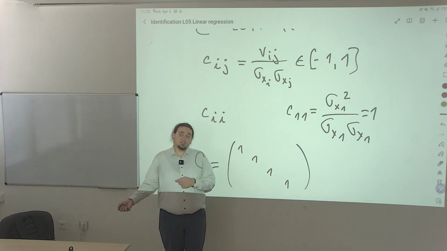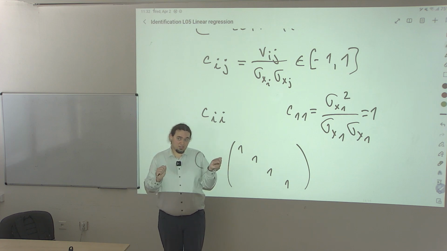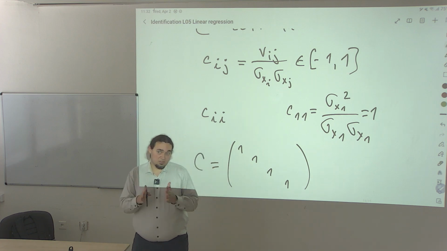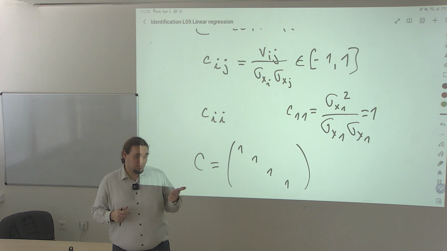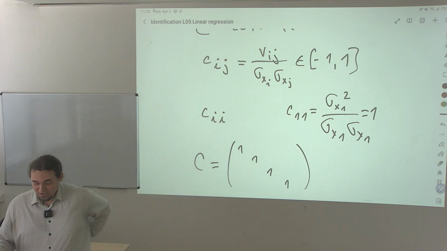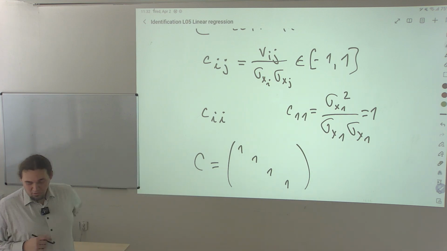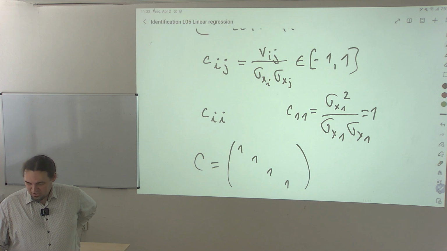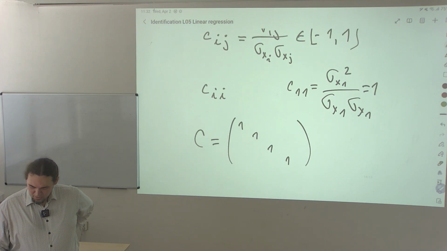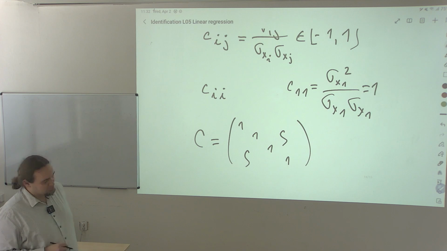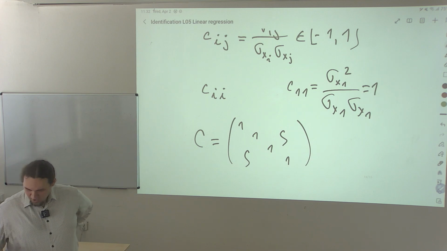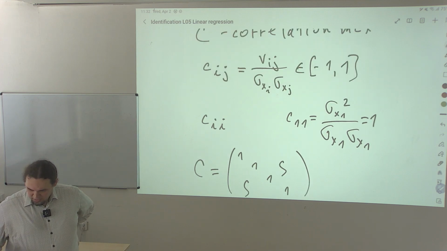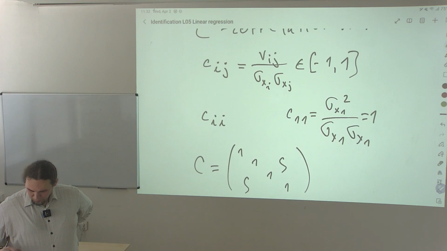It's the same thing as if we would normalize our data, meaning all the data points have unit standard deviation. The interesting stuff is going to happen below and above the diagonal.